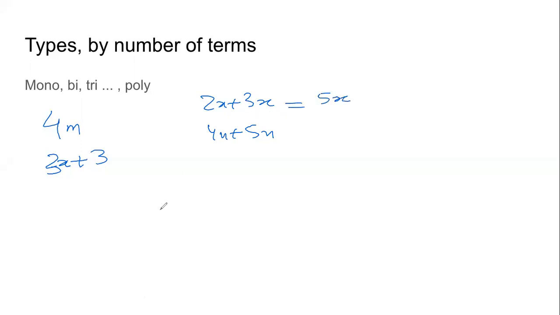So this is not a binomial, it is a monomial. Anushka, 4n plus 5n is actually 9n. So this is also not a binomial, it is only a monomial. Be careful. We should first reduce it, and then decide whether it is a monomial, binomial, trinomial, or polynomial.